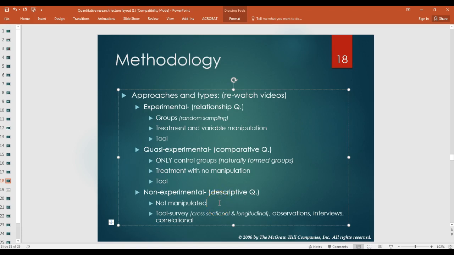And then in the non-experimental, there isn't any kind of comparative groups. You're just describing, or you want to know how this thing is happening or what is happening. You're just describing a situation based on data. Okay.